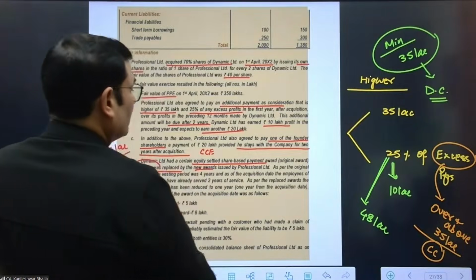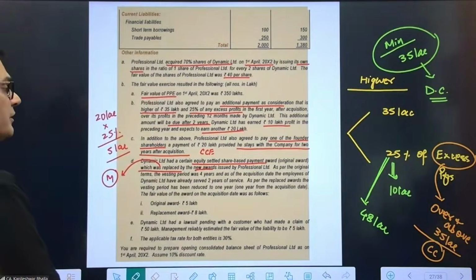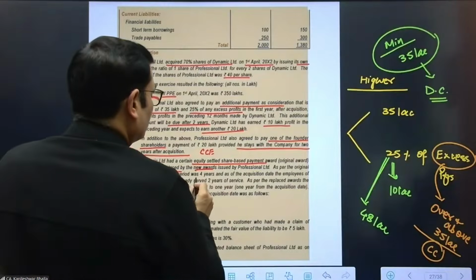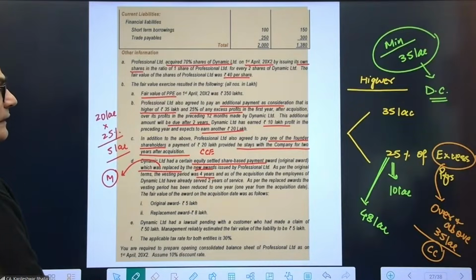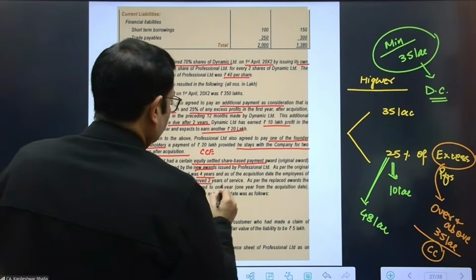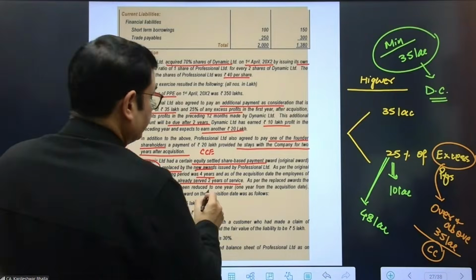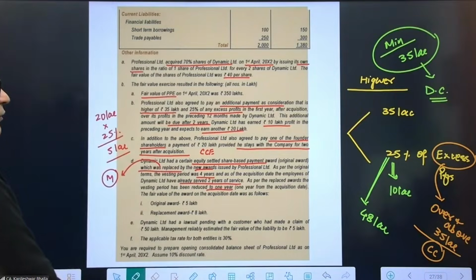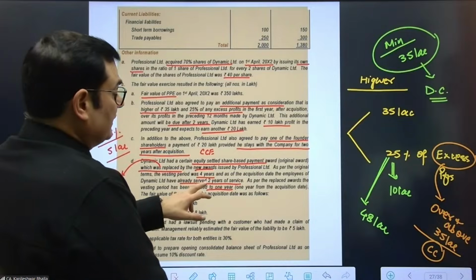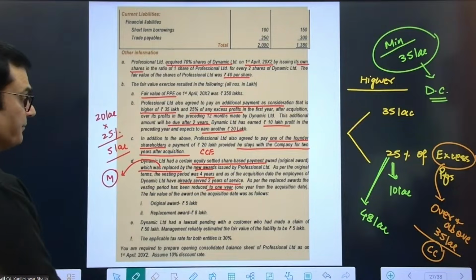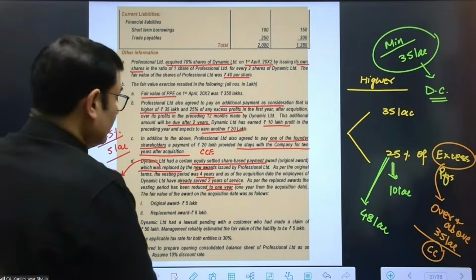It says by the new awards, as per the original terms, the vesting period was 4 years, and on the acquisition date, the employees have already served 2 years of service. As per the replaced awards, the vesting period is reduced to 1 year. So out of 4 years, they've already put in 2 years of service, and now we are given that the remaining period stands reduced to 1 year from the date of acquisition.